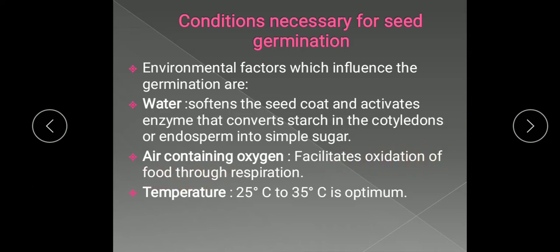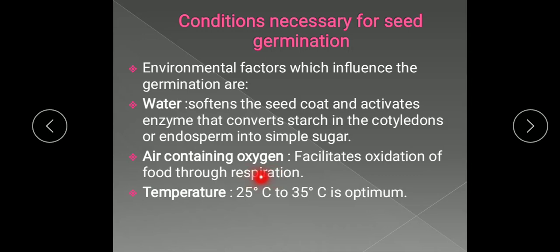So for the oxidation of food, what is required? Oxygen. तो जो ऑक्सीजन प्रेजेंट होती है एयर के अंदर, this oxygen diffuses into the cells of the seed, and this oxygen is further required for the oxidation of food, and oxidation of food provides energy, and that energy is utilized by the embryo to grow into the seedling.